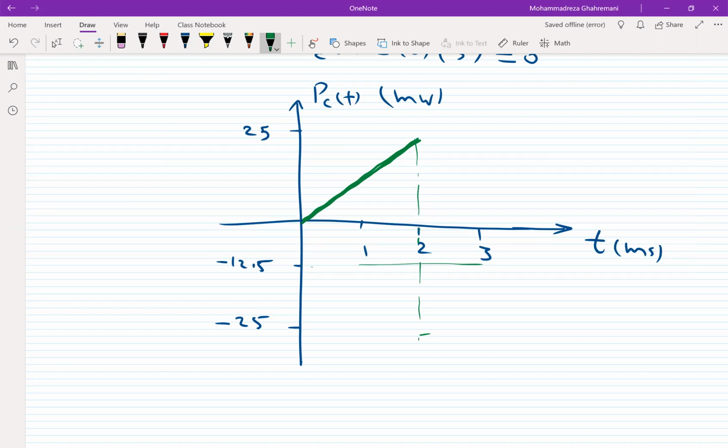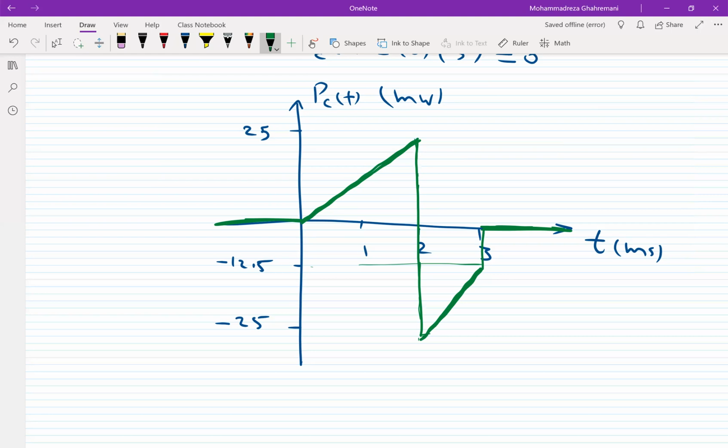This one is the value of P. And for the rest of the regions, we have 0. So here is 0 and 0. Okay, that's the result.